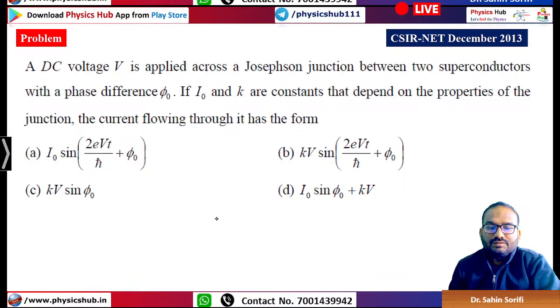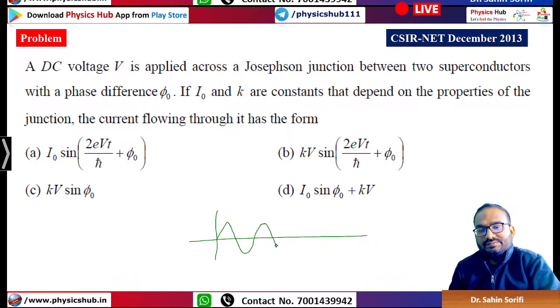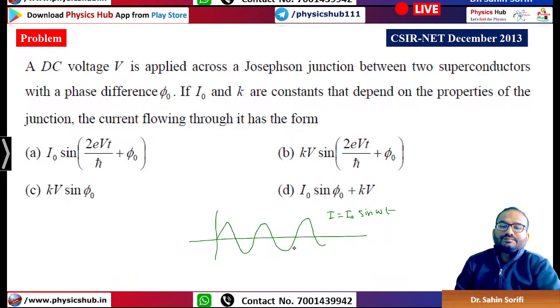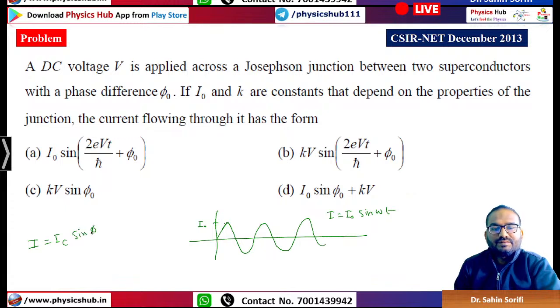So you see, how do you represent a sinusoidal graph? This is I equals to I naught sine omega t, right? So the maximum value we are getting is I naught, and it is oscillating. In the same way here it is I equals to Ic sine phi of t.